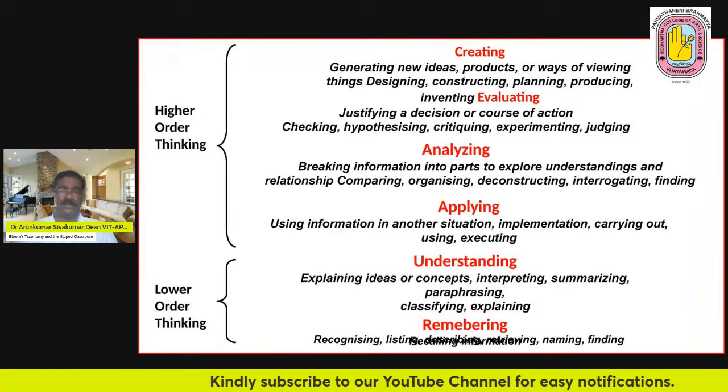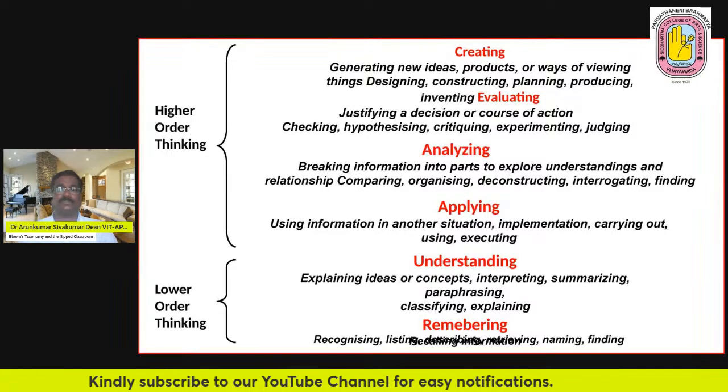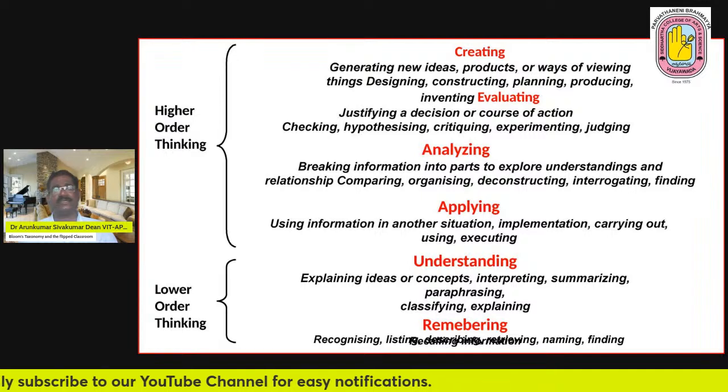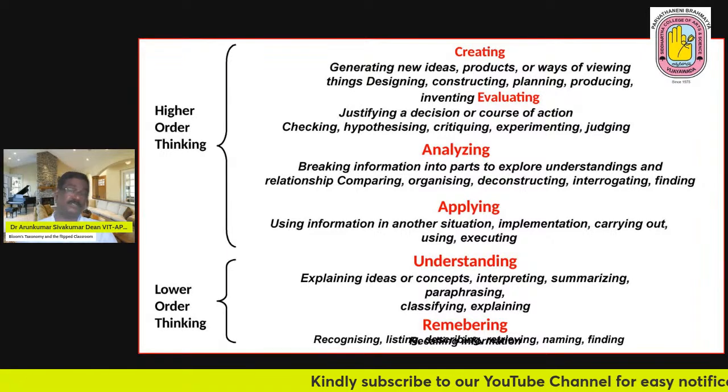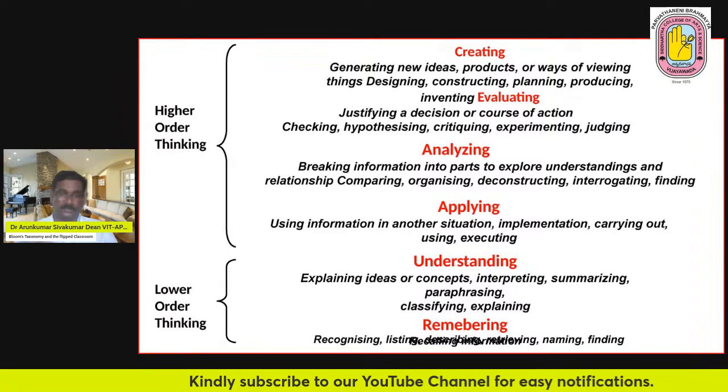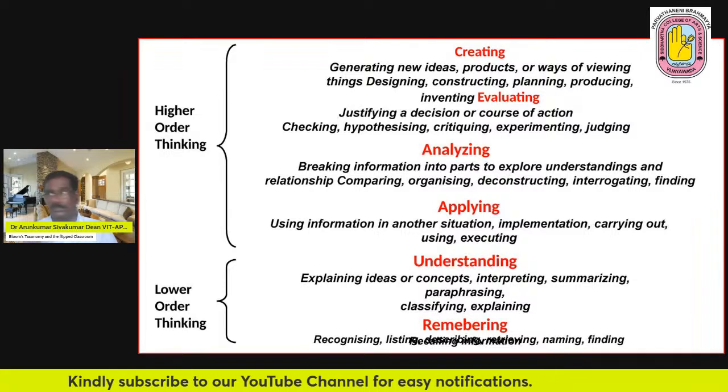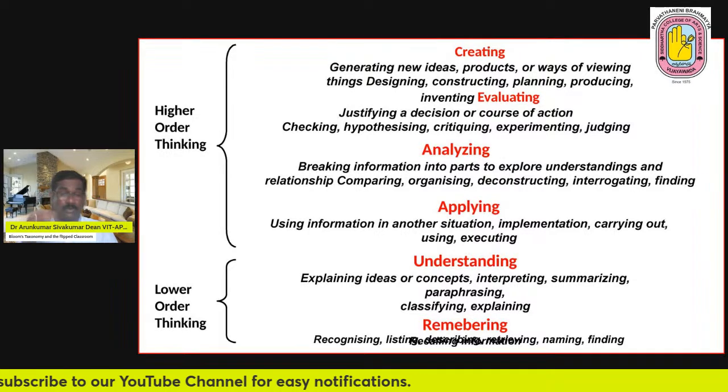Next level of higher order thinking: evaluation. Justifying a decision or a course of action, checking hypotheses, critiquing, experimenting, and judging happens when they go out of the classroom, see the observation, see the real world, go into the internship, research project.